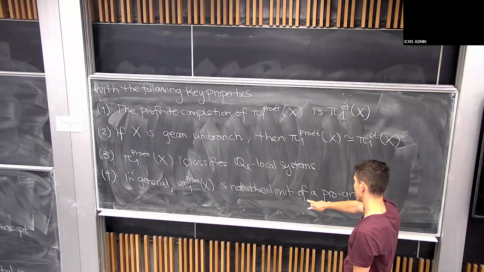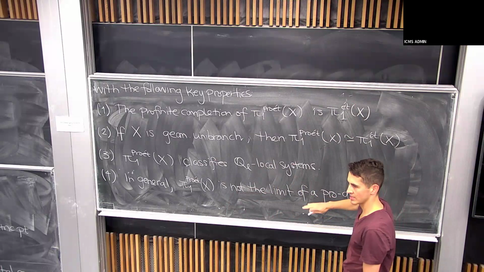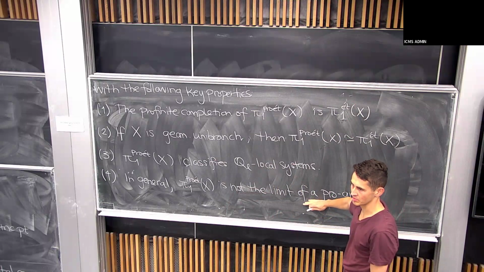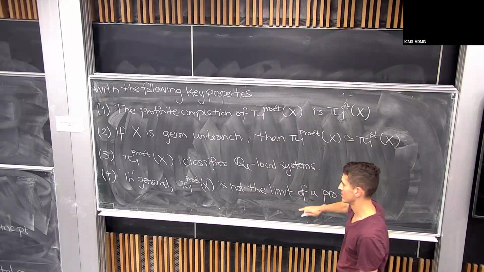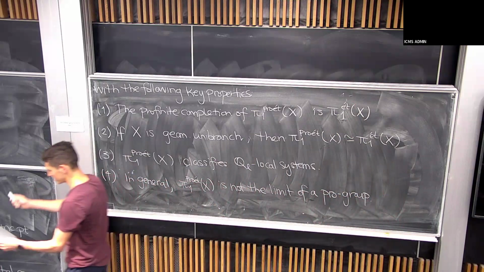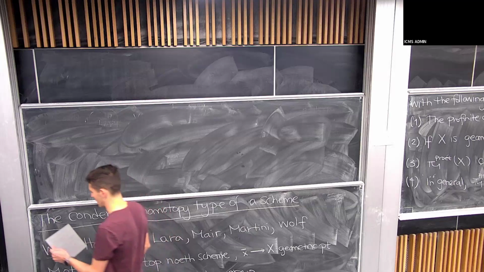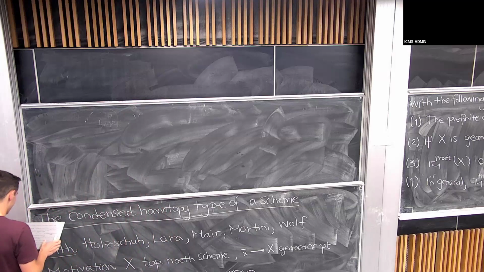Now, this tells you that there's no way you can possibly do that. And this is essentially the reason we got involved in condensed mathematics, or the setup of that.